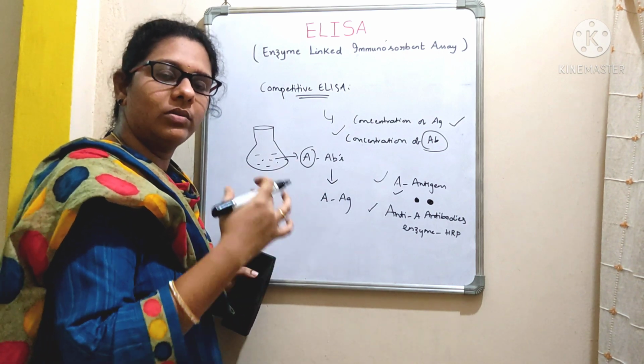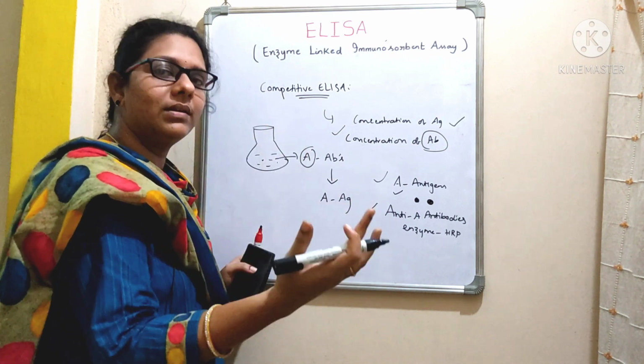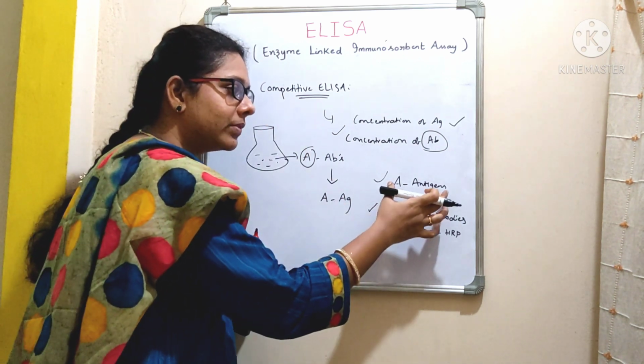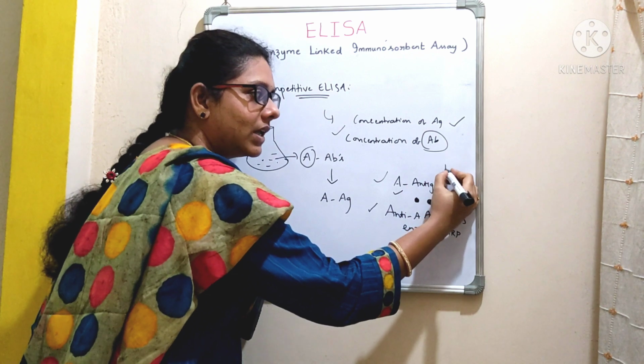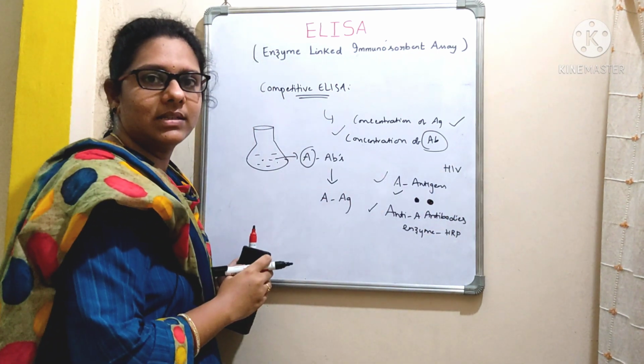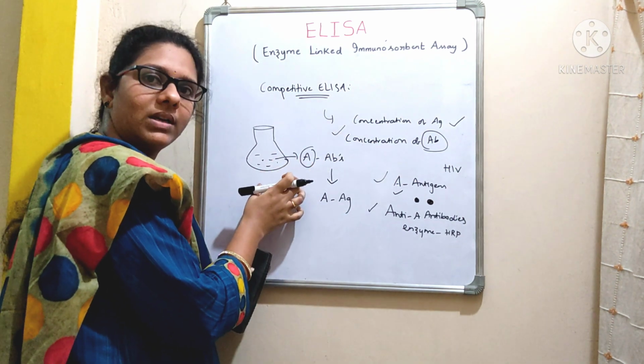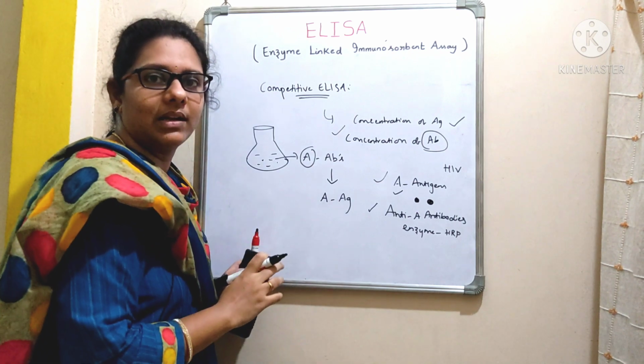Suppose we want to detect HIV virus, or some other human disease, whatever it could be. In the case of HIV virus, we need those HIV antigens here, and we are going to detect the presence of antibodies that are specific to this HIV antigen.